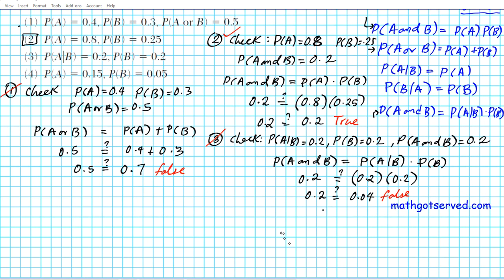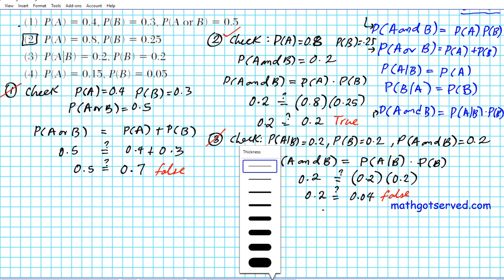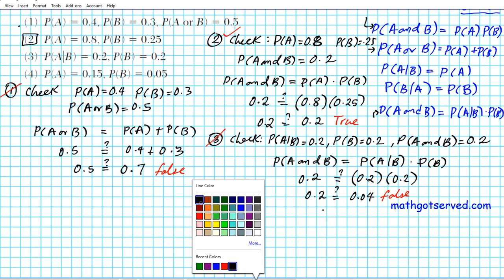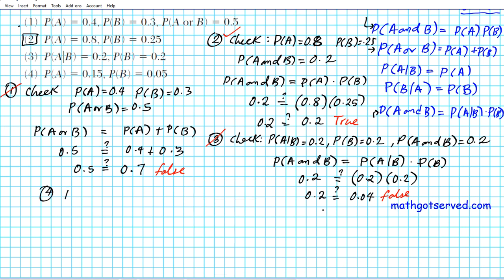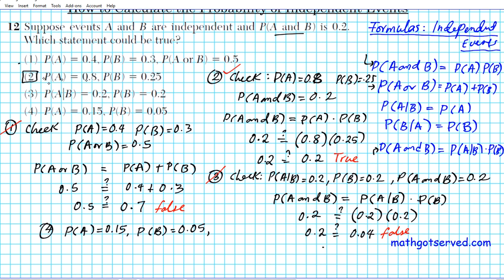All right, let's look at number 4. How can we test that one to show that it's false? It should be false, hopefully, because we already showed that option 2 is the correct answer. So for 4, we're told that probability of A is equal to 0.15, probability of B is 0.05. So what equation relates probability of A and probability of B that we know? Well, we're also given the fact that probability of A and B is 0.2, so we're going to put that down. Probability of A and B is 0.2.